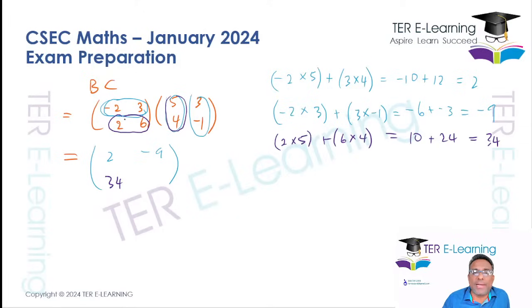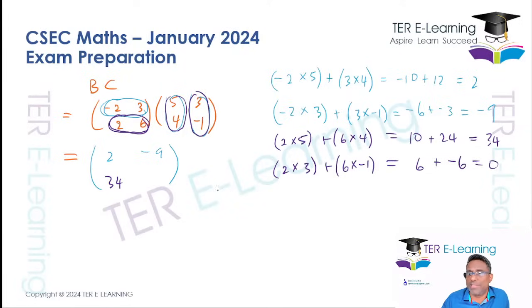And then the last piece, I'm going to take this row and multiply by this column here. That's going to be 2 by 3 plus 6 by minus 1. So that's 6 plus minus 6, so I'm going to get 0. Hopefully that is correct. I hope so.